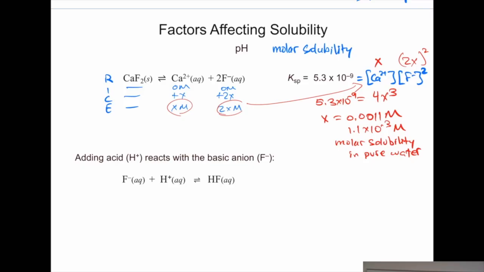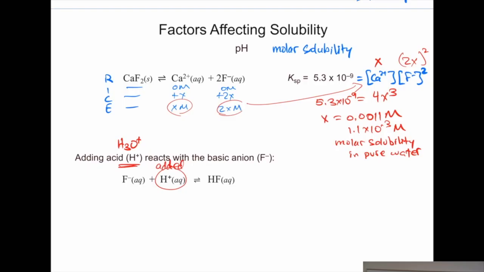Any acid that you add to this solution is going to basically add hydronium ion to our reaction. So you can add sulfuric acid, carbonic acid, nitric acid, it doesn't matter. The definition of an acid is that we are donating protons to the solution. So when we add the hydronium ion, here it is. This is what's added to the solution.